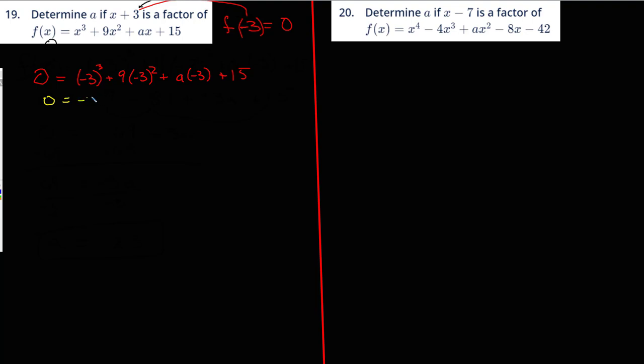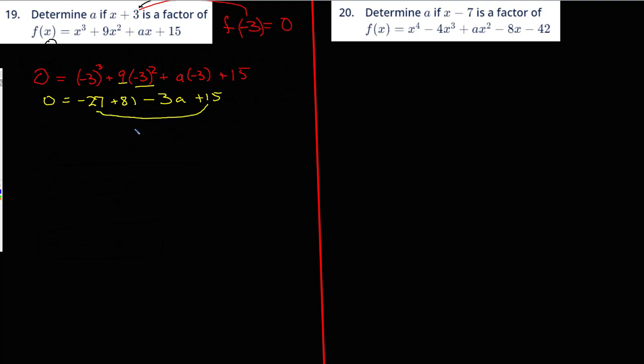And so we have a negative 27. 9 times 9 is positive 81.